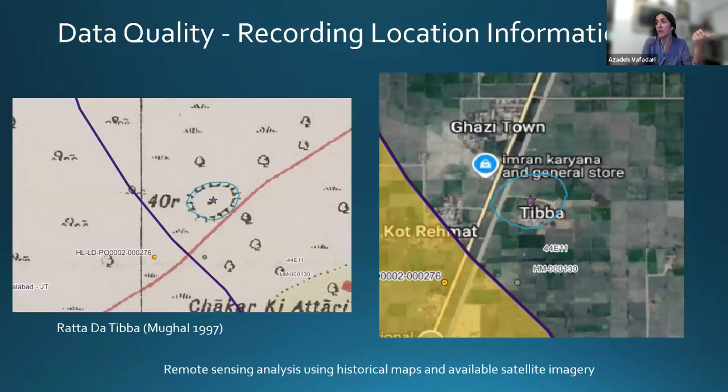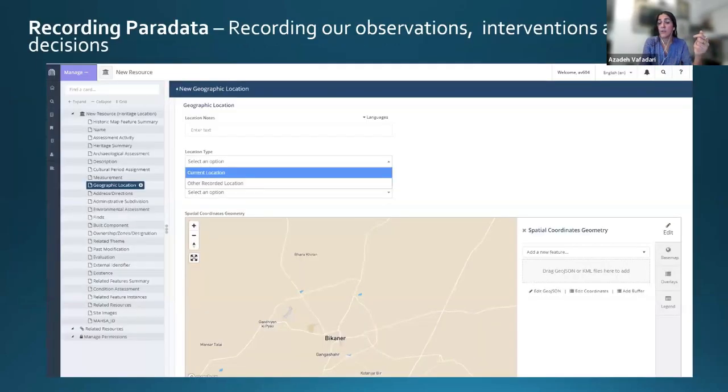And that's what I want to be used for any future archaeological heritage monitoring or sharing with other authorities for any decision making. So that's the location that's going to be shown on the database, and that I recorded as my current location.